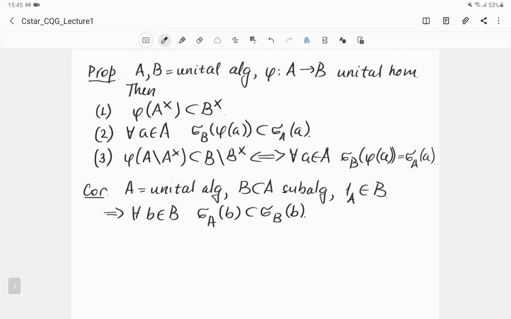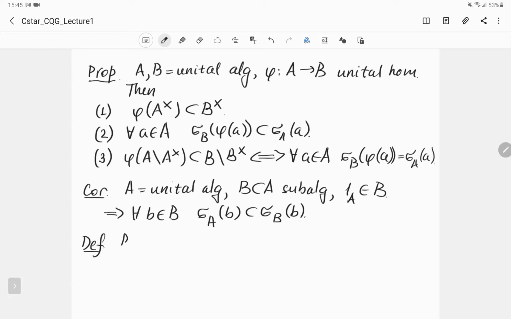This is a special case of the previous proposition if we apply it to the inclusion of B into A. And in some cases, these two spectra are the same, and there is a special name for this situation.